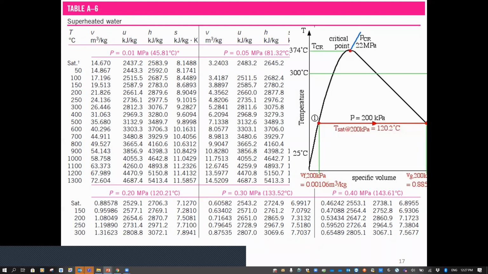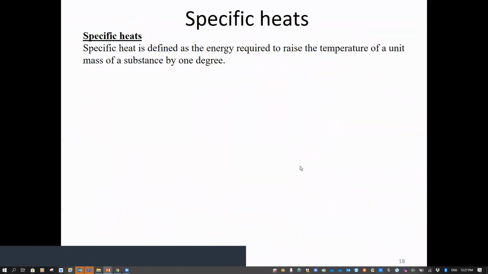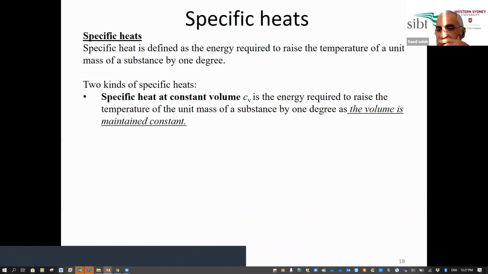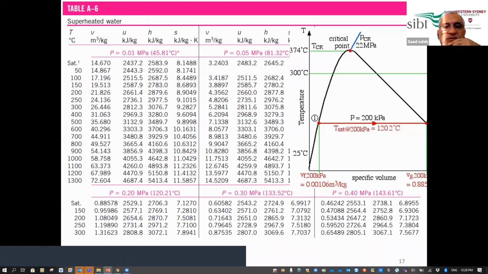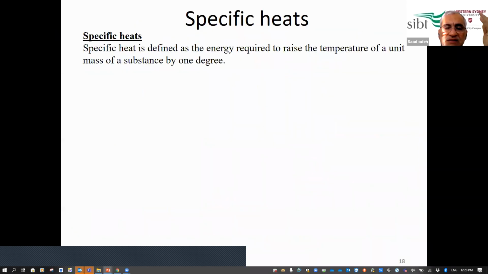Right. So the last thing we need to mention here is specific heat. Probably the time would not be enough for us, but I'll just give you quick information about specific heat, and next week we'll give you another example about how to find properties from specific heats.